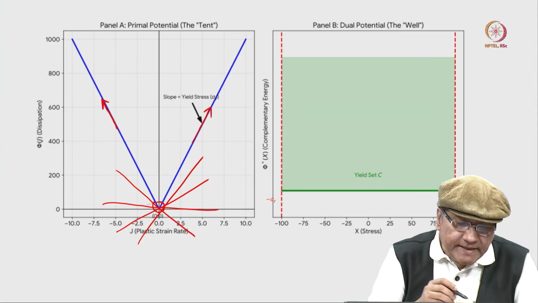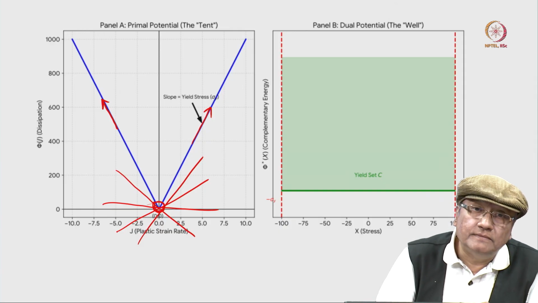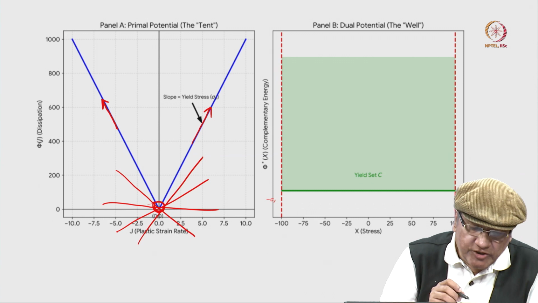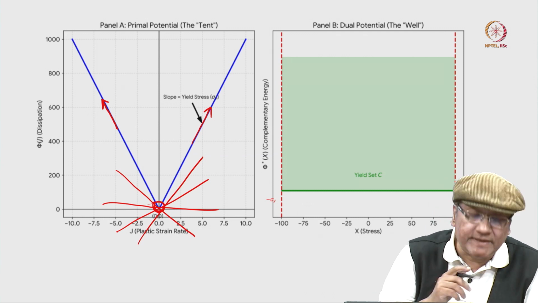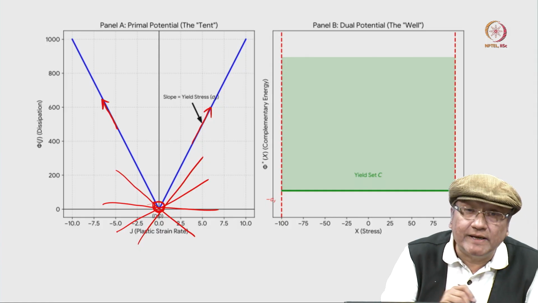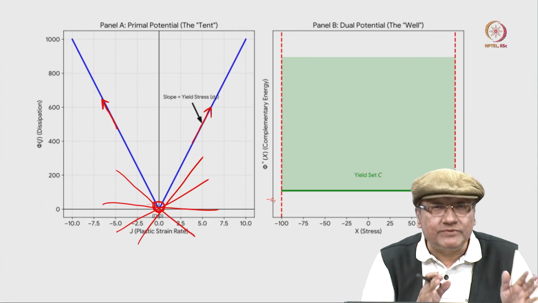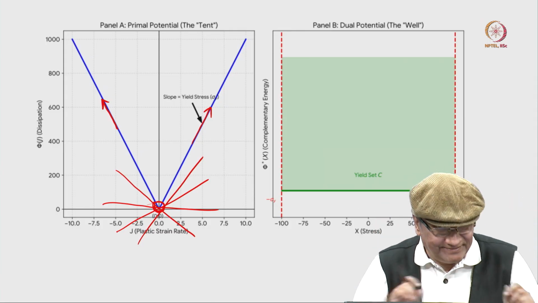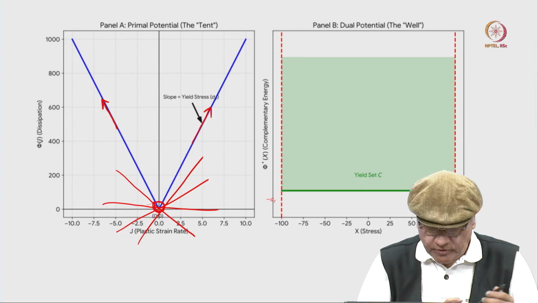So, you see that it is at this point 0 of J. When J is 0, that means when the plastic strain rate is 0, the corresponding stresses, the thermodynamic forces, could be too many. All these stresses lie in the set C. This is the set of permissible stresses, okay.